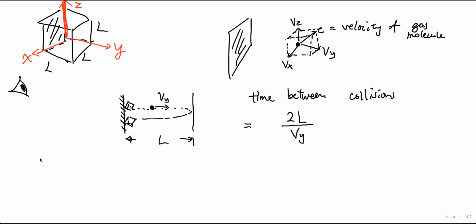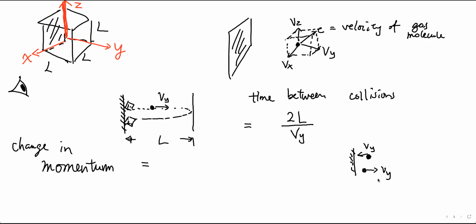Then let's talk about the momentum. The change in momentum in each collision. Before hitting the wall, and after hitting the wall, it just bounces back with the same velocity along the y-axis.